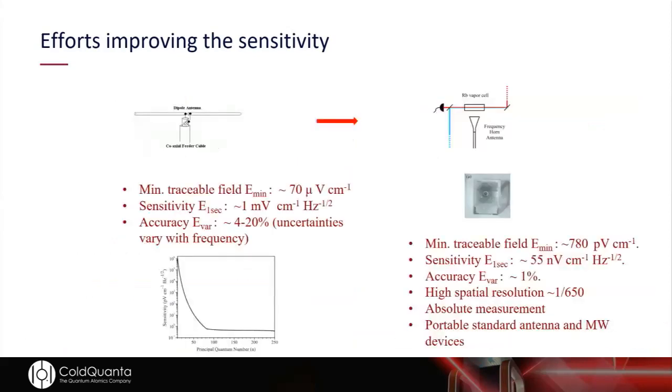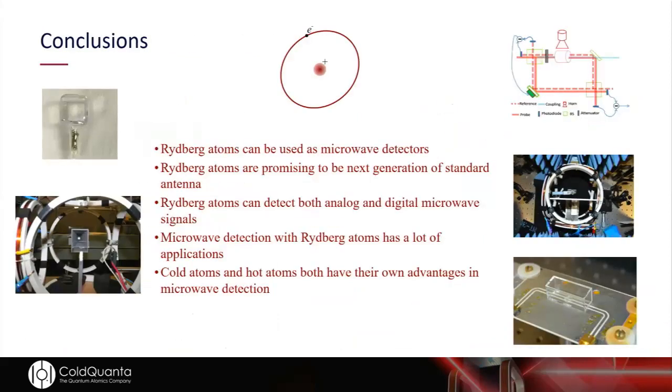We usually have a number of ways to lock it. For example, you can use a very high finesse cavity to lock it, or you can lock it to some atomic reference. But yeah, the linewidth is roughly less than 100 kilohertz. If one wants higher sensitivity, we probably need an even narrower laser linewidth.